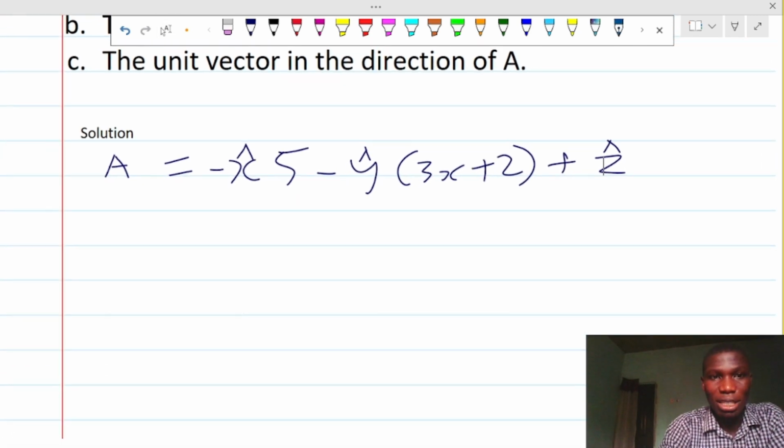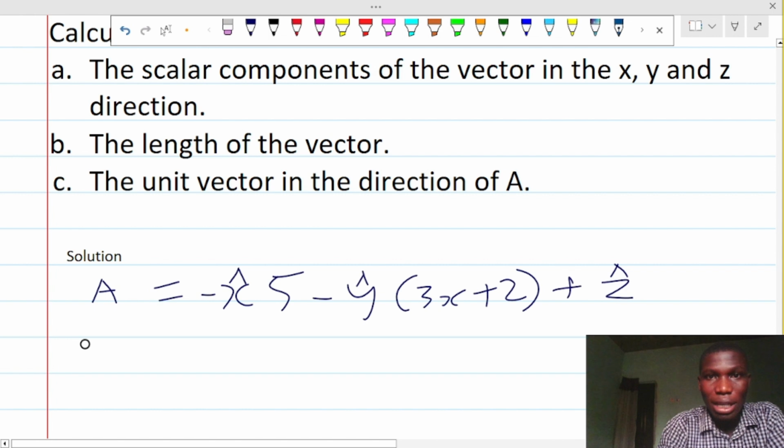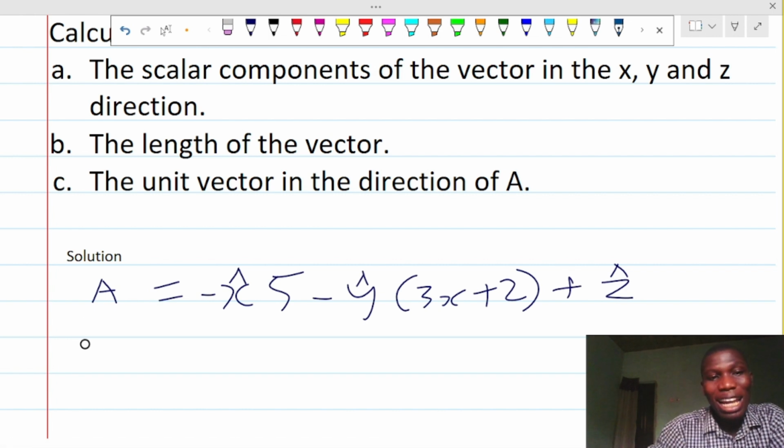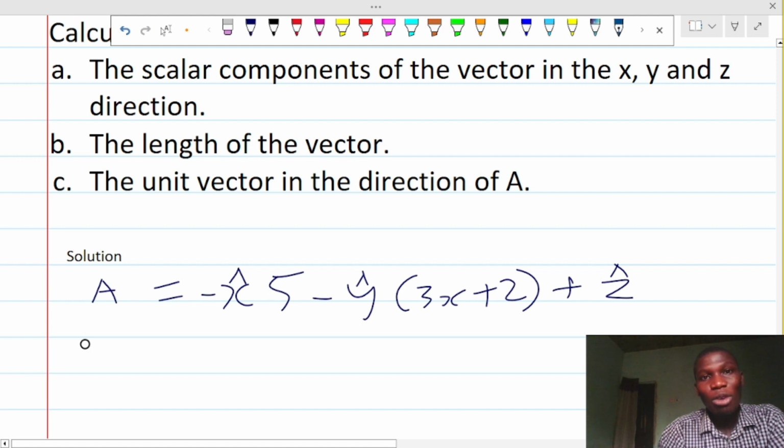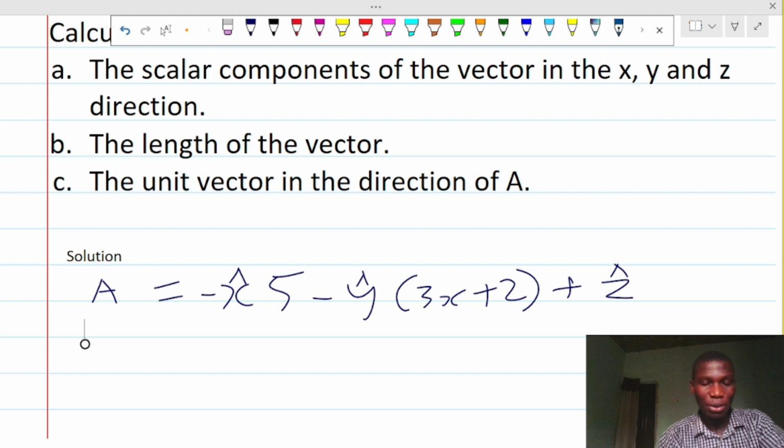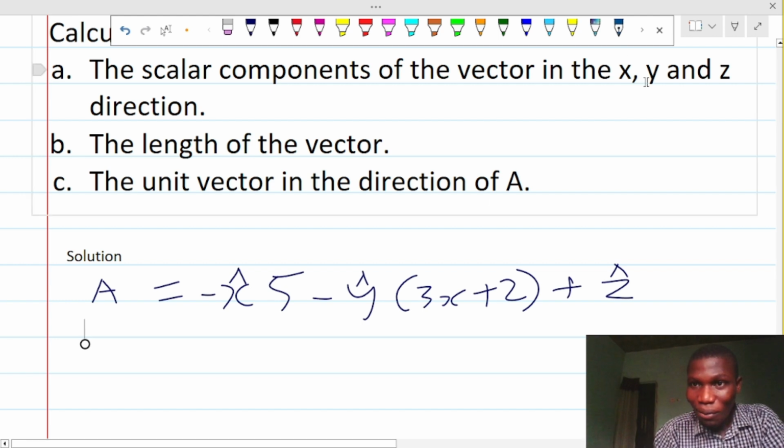So what happens next is this. The first question is the scalar component of vector a in the x and y direction. The scalar components of a vector is the magnitude of the vector without the direction. So in the x direction, what is the magnitude? 5.